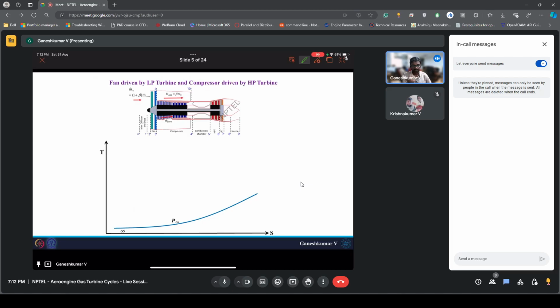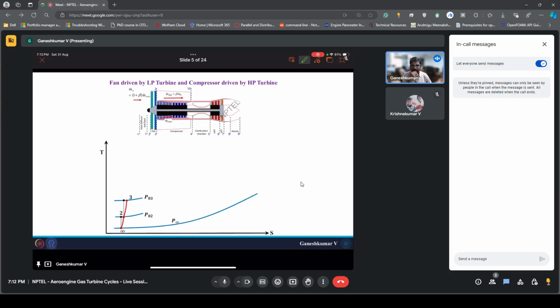You have the P infinity line, which is the atmospheric pressure isobar, and then from there the inlet to P02, and then you have the fan across which the pressure rises from 2 to 3. Previously we saw it was 2 to 10, now it is 2 to 3, so there is that change.